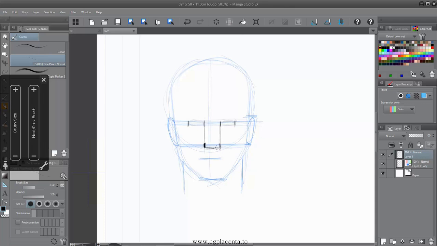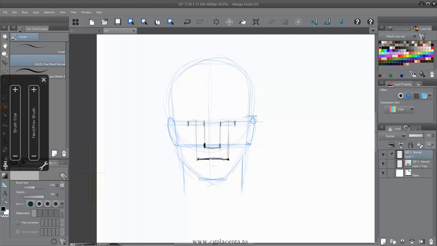Okay, and the mouth, again, generally speaking, if you draw a line down from the center of the eyes, you're going to get the corners of the mouth. Okay?